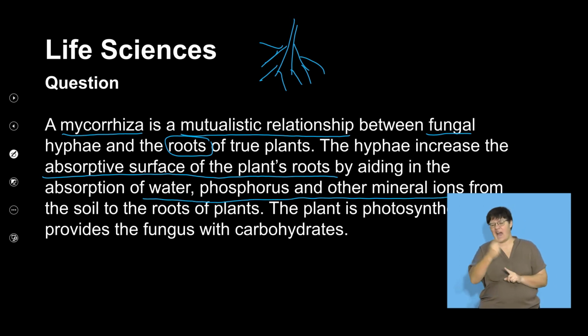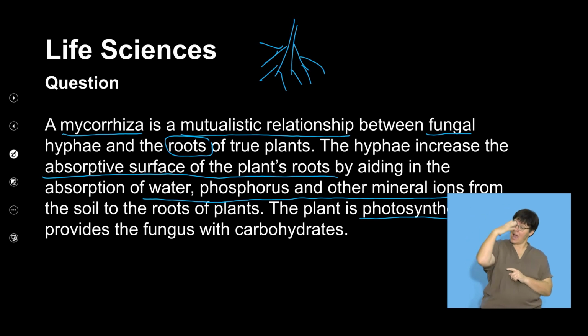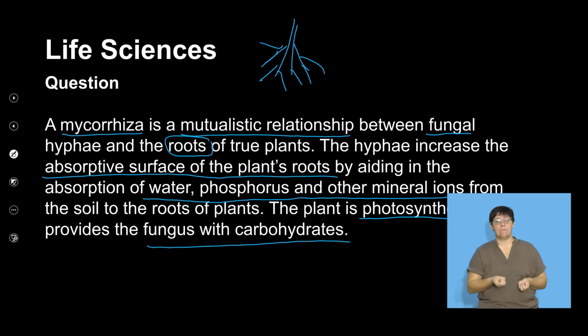It's telling you important information about the experiment that you're going to do. Right, so it's telling you the mycorrhiza really helps plants to grow. The plant is photosynthetic, which means that it can make glucose and starch and provides the fungus with carbohydrates.